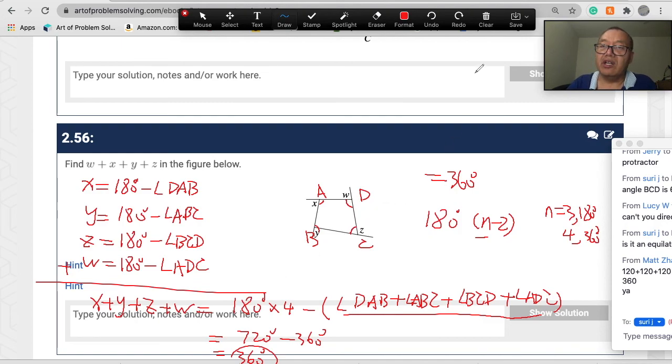The answer is yes. You know why? You can think this way. Suppose you start from vertex A, facing this direction, and go around this pentagon. When you return to here, in the direction, you always turn a total of 360 degrees. This is the reason. Always 360 degrees.